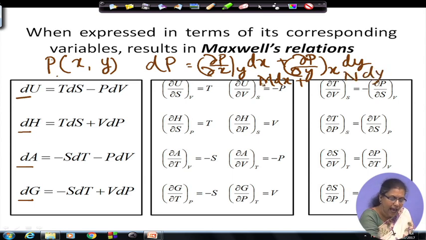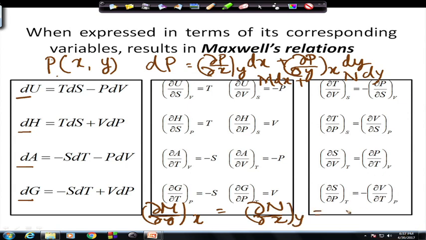And under that particular condition, I can also write del M del y at constant x is equal to del N del x at constant y, because both of them are equal to del 2P del x del y. Since P is a property, it hardly matters which differentiation I perform first.